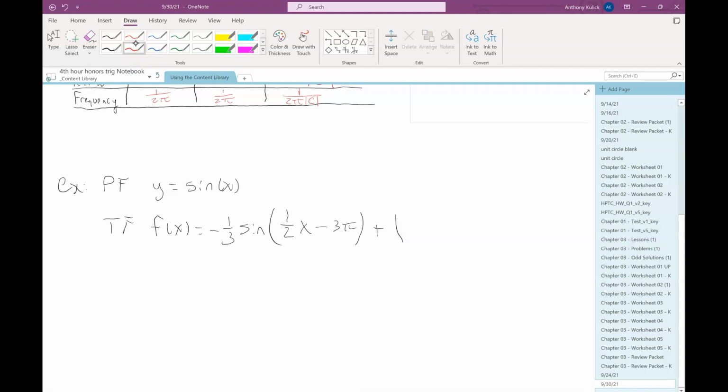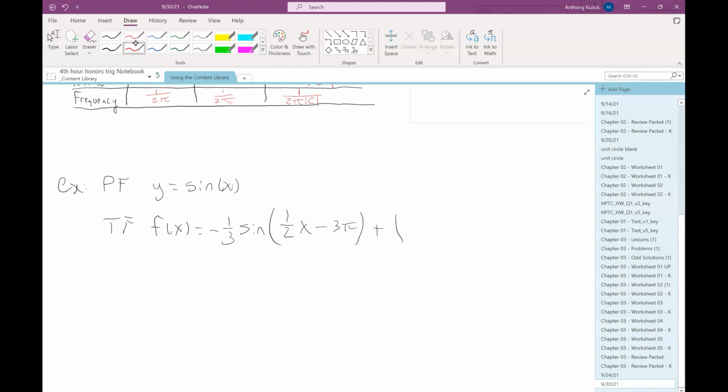So we're just going to identify the values for A, C, H, and K. We're going to describe the domain and range and the midline, amplitude, period, frequency, and then describe the transformation that's going on relative to the parent function. So we're basically just going to use these vocabs that we've been talking about. Okie dokie?